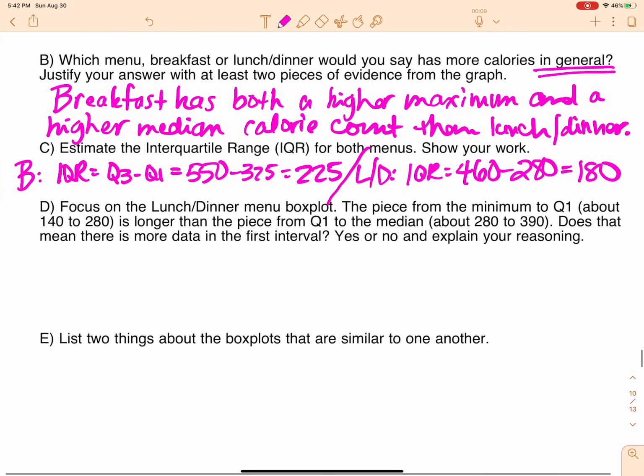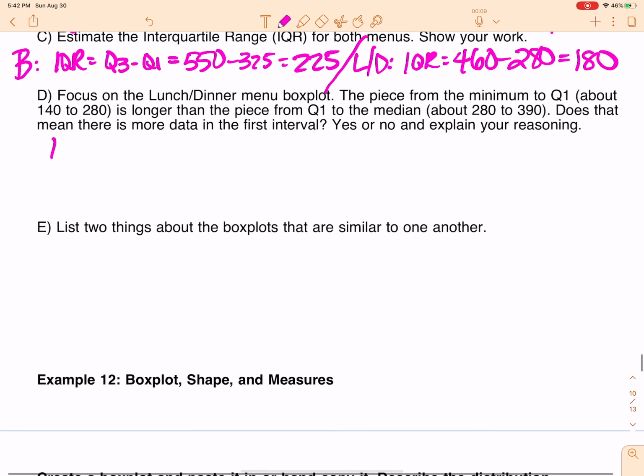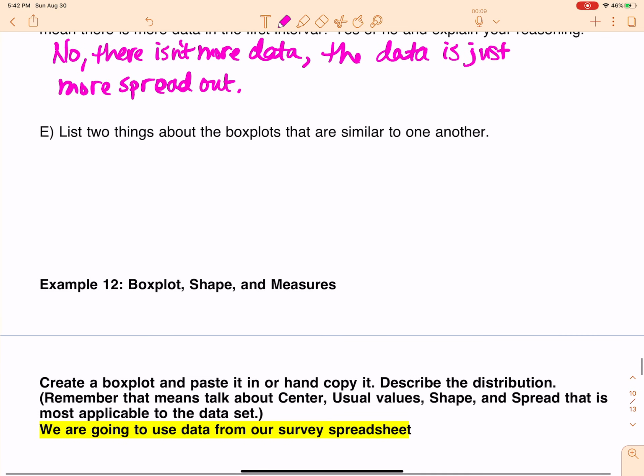So it's not that there's more data, so I'm going to write no. There isn't more data. The data is just more spread out. That's what that length in that piece means.